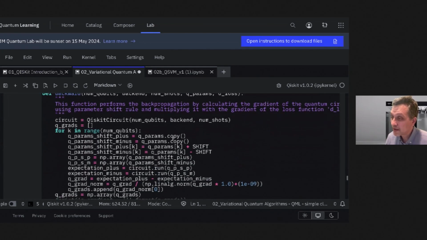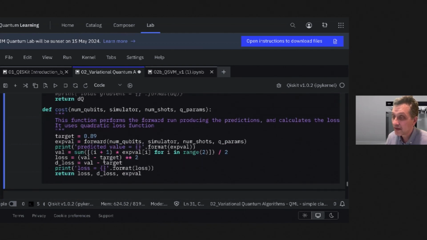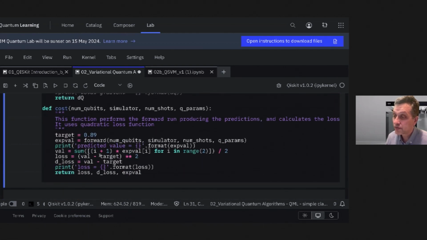And the backward is, okay, I need to add and subtract to each one of the qubits and run the circuit. So we can calculate the gradient. Our cost function in this case is, okay, I want any target that I want to get as a measurement, and I generate something that is just the difference from what we measure from the target.